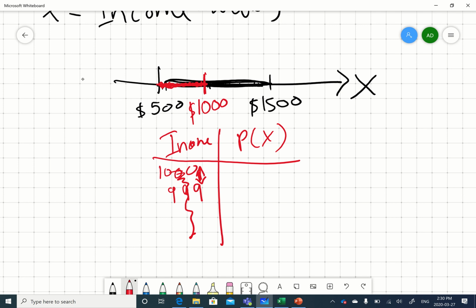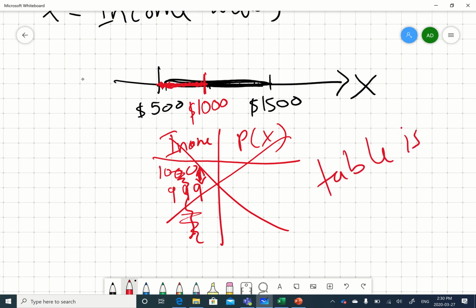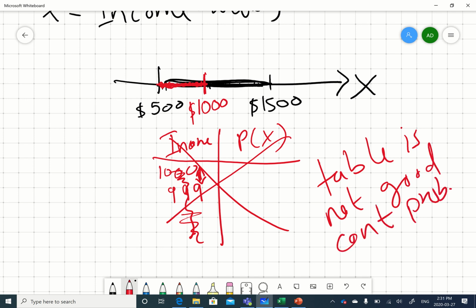Because 999.01 is a possibility, 999.5 is a possibility. So basically we cannot list it. A table is not going to work. It's not good for a continuous variable.